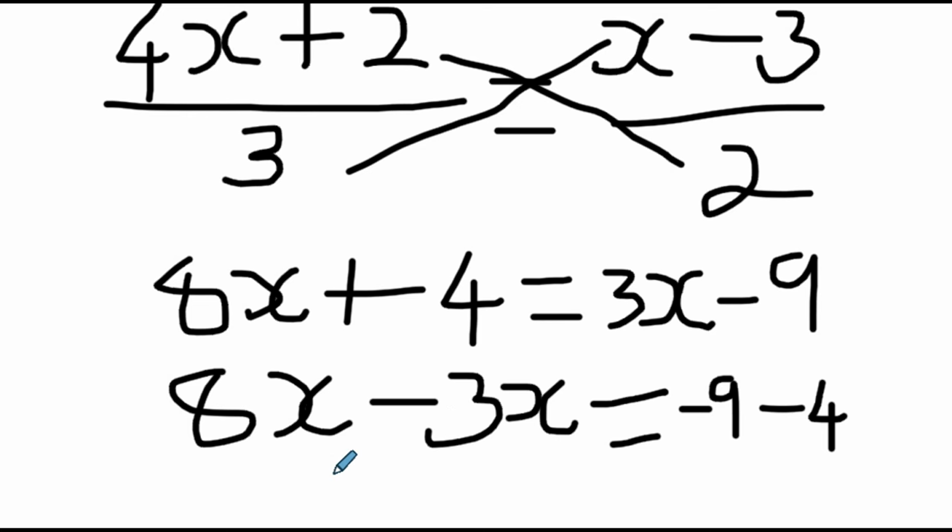So the answer becomes what? 8 minus 3 is what? 5x. So I have 5x equals what? Minus 9 minus 4 is what? Minus 13.